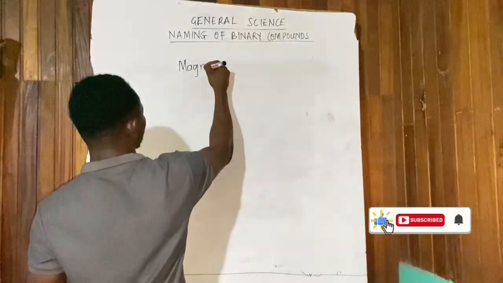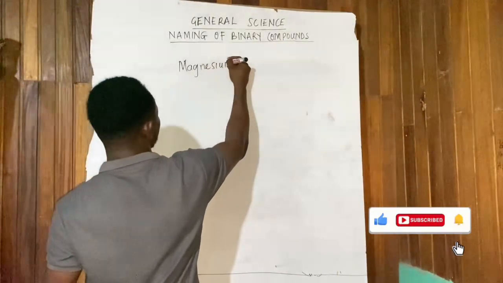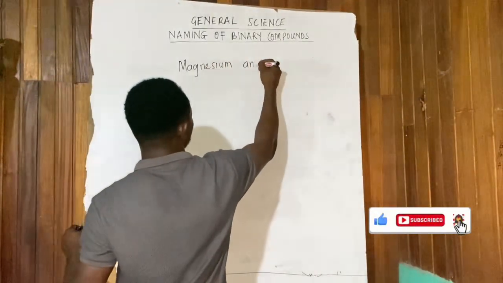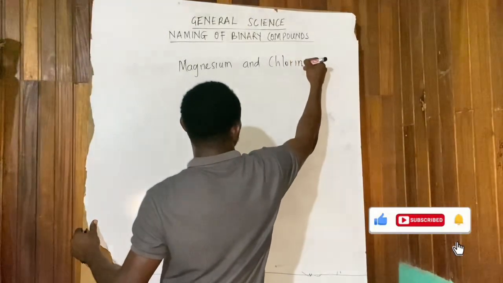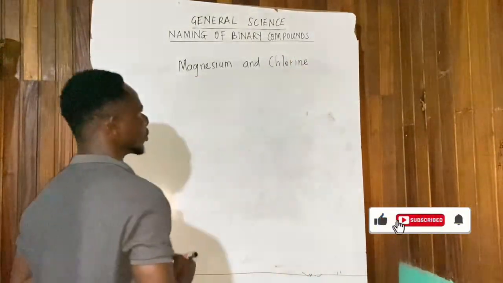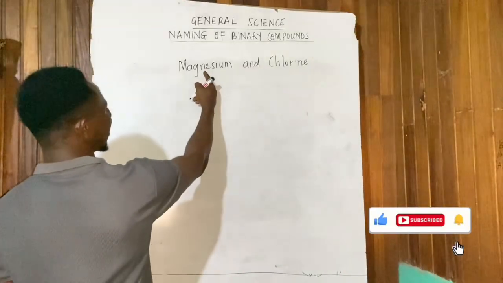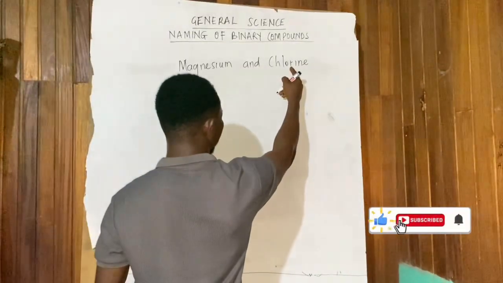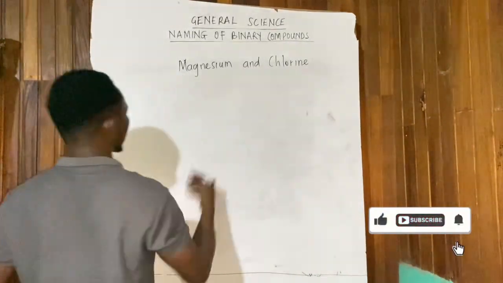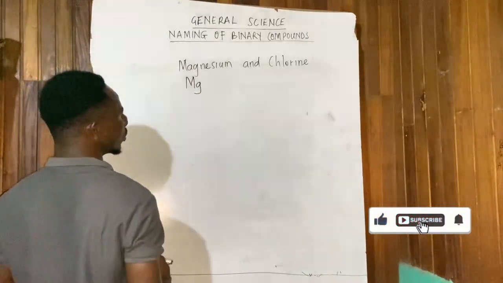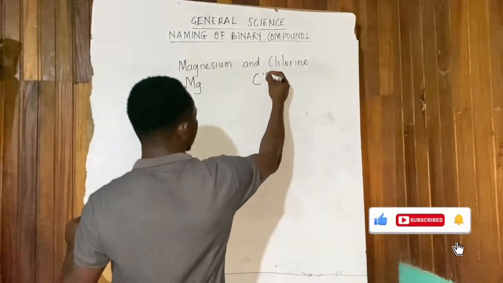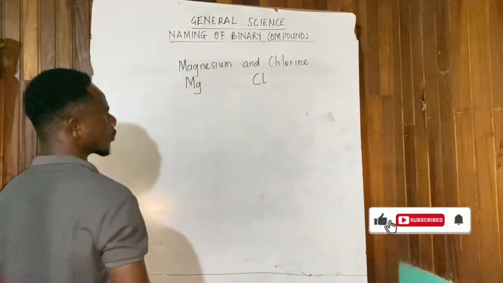Magnesium and chlorine. Now, magnesium is a metal, chlorine is a non-metal. Symbol, magnesium, Mg. Chlorine, Cl.